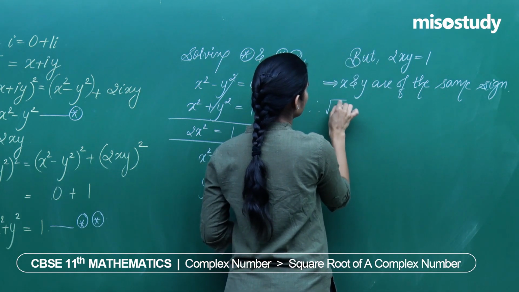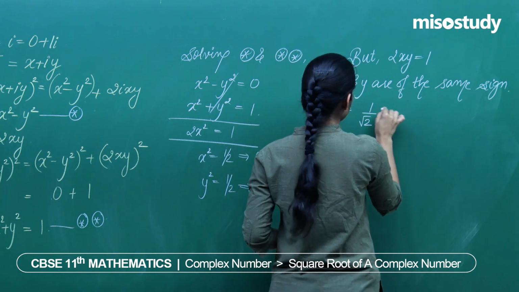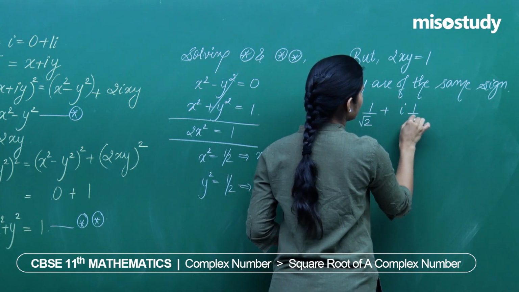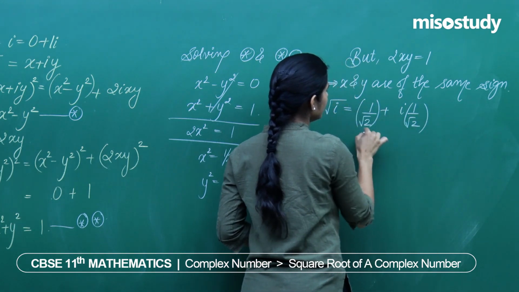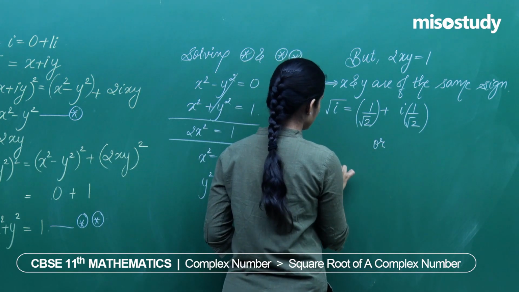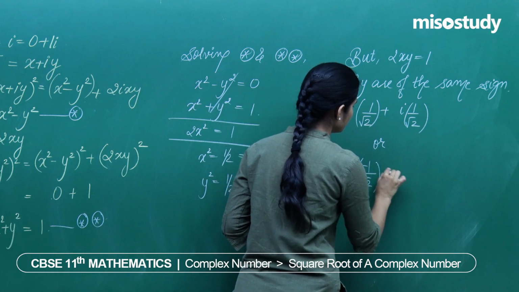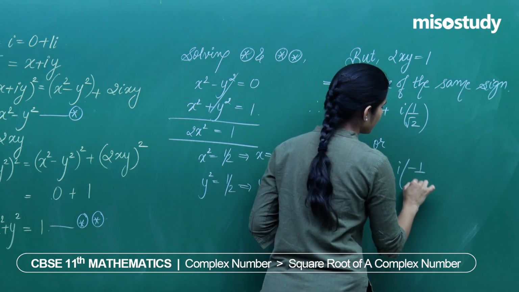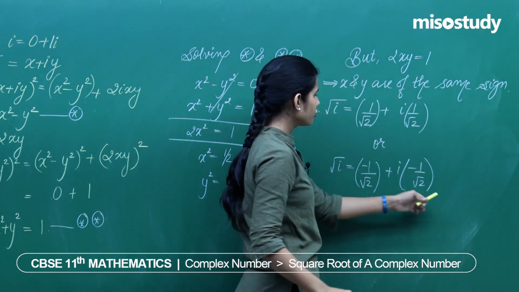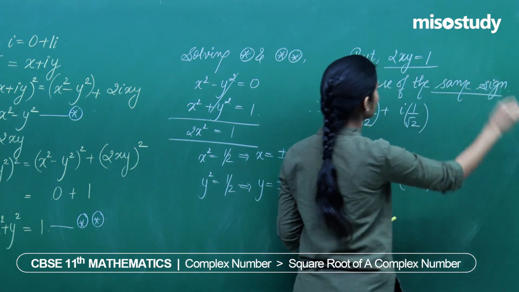Therefore, root iota, either it is equal to 1 by root 2 plus iota times 1 by root 2, x plus iota y, where x is positive, y is positive, or it is minus 1 by root 2 plus iota times minus 1 by root 2. Both should be either negative or both should be positive. They actually should be of the same sign because 2xy is 1.